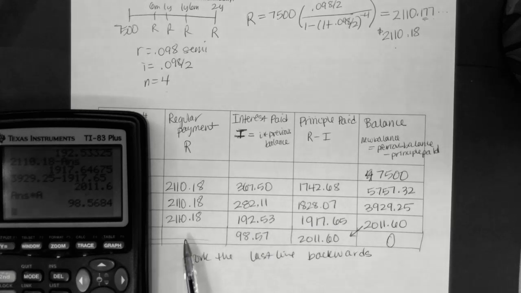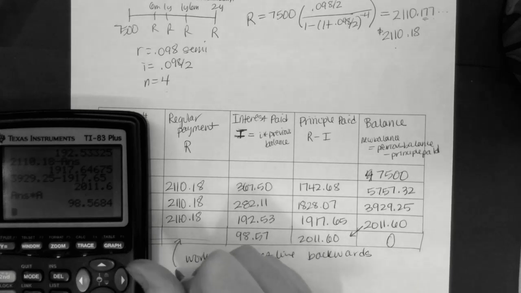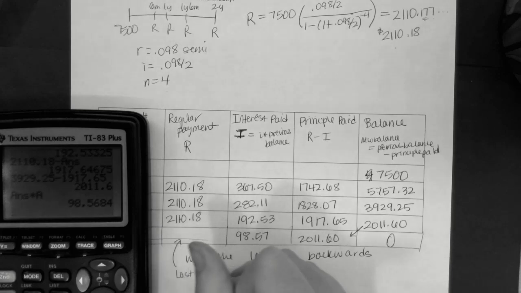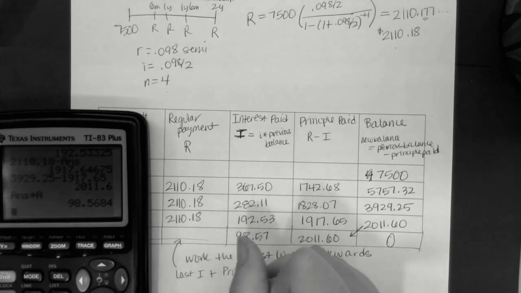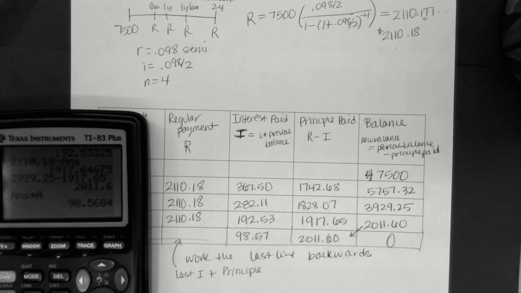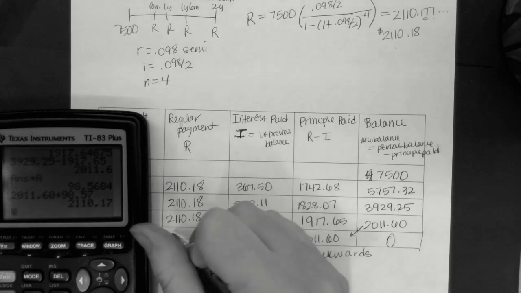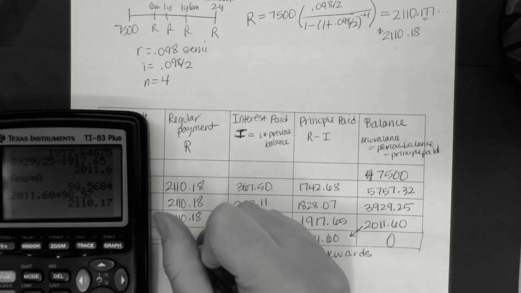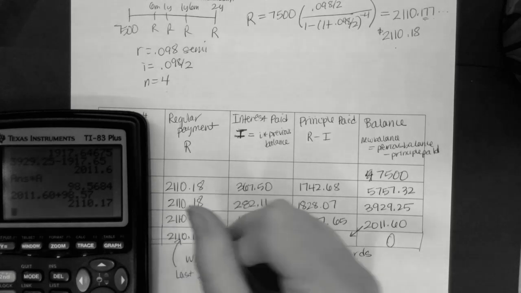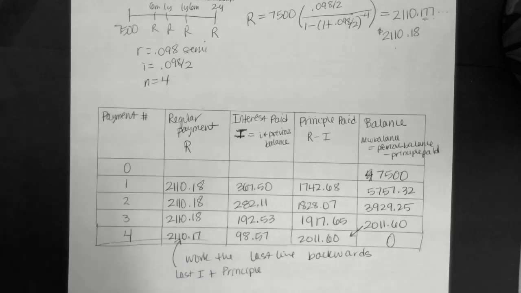But then this time to get our regular payment, because that last payment's always going to be just a little bit different, we're going to add these two together to get this one. Okay, so for this one, we take the last I plus the principal, okay, and add them together. So we get 2,011.60 plus 98.57, so $2,110.17. So again, it's a little different, but it's the same process.